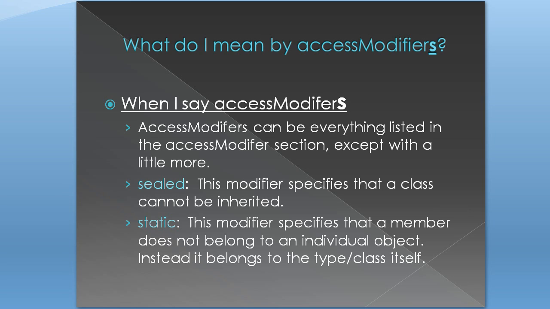But sealed means that this modifier specifies that this class cannot be inherited. Static we'll use a lot today, and we've been using it in our other programs. Public static void main. And this modifier specifies that a member does not belong to an individual object. Instead, it belongs to the type and class itself.